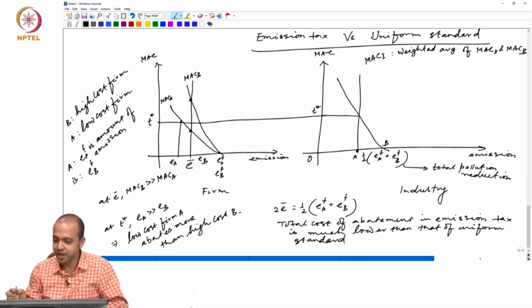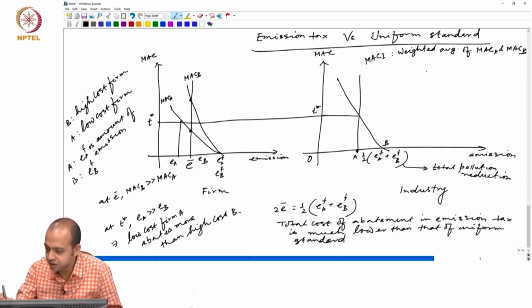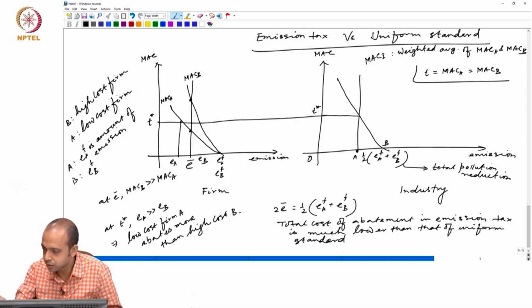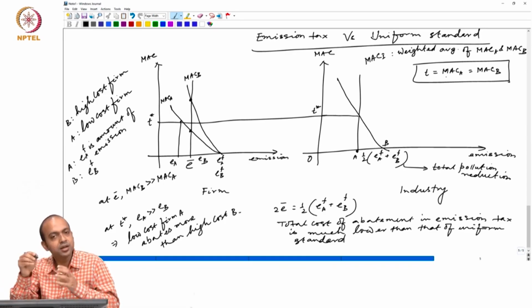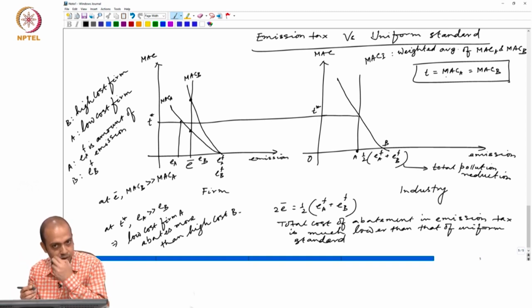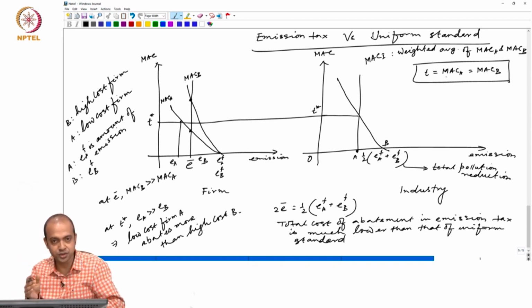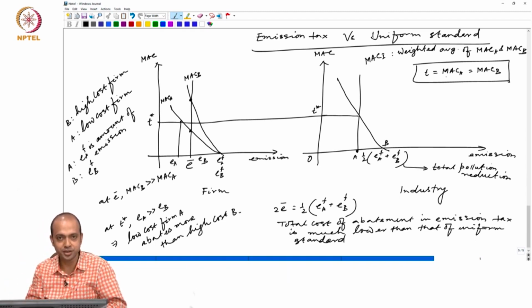Okay? Emission tax basically achieves this particular condition, T equals MAC A equals MAC B. So, each firm is equating its MAC with the tax rate and then deciding how much emission it should reduce at optimality.